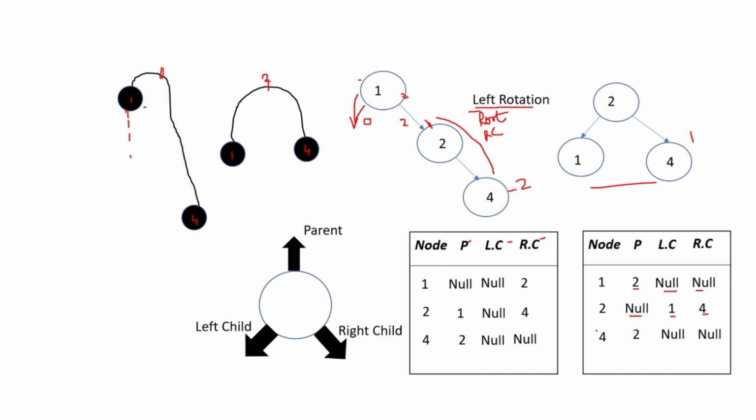And finally we have node 4 which has no change. So essentially change happens here and here. The parent gets changed and the left child also gets changed. Here also the parent value changes, and the left child value and right child value both change.